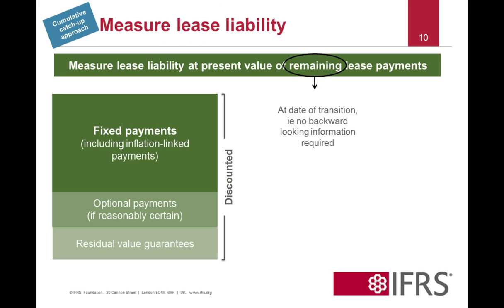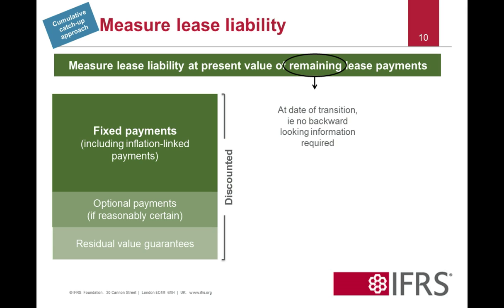So moving on then, a lessee now has the complete population of contracts for transition and now needs to measure the lease liability. At a high level, and before considering any available transition relief, a lessee essentially does this by applying the general IFRS 16 requirements for measuring lease liabilities.